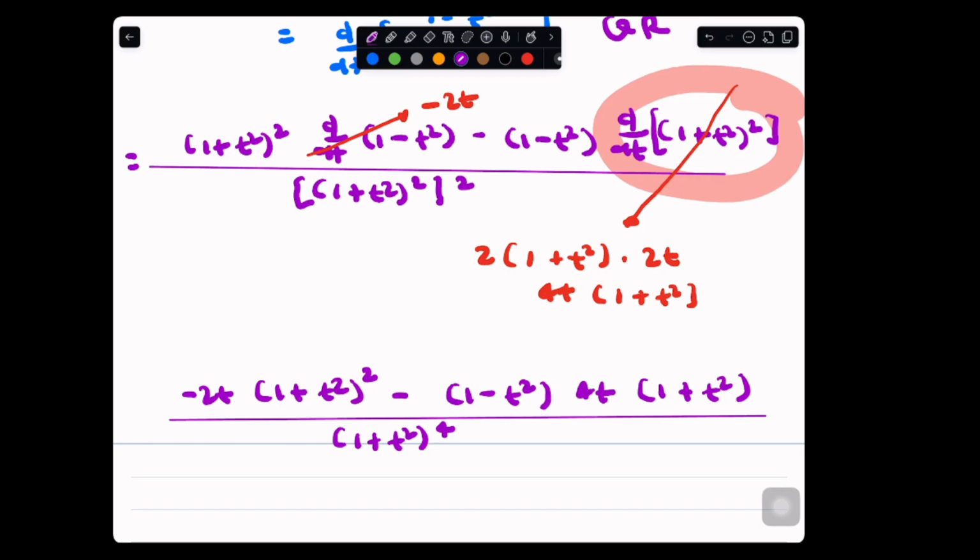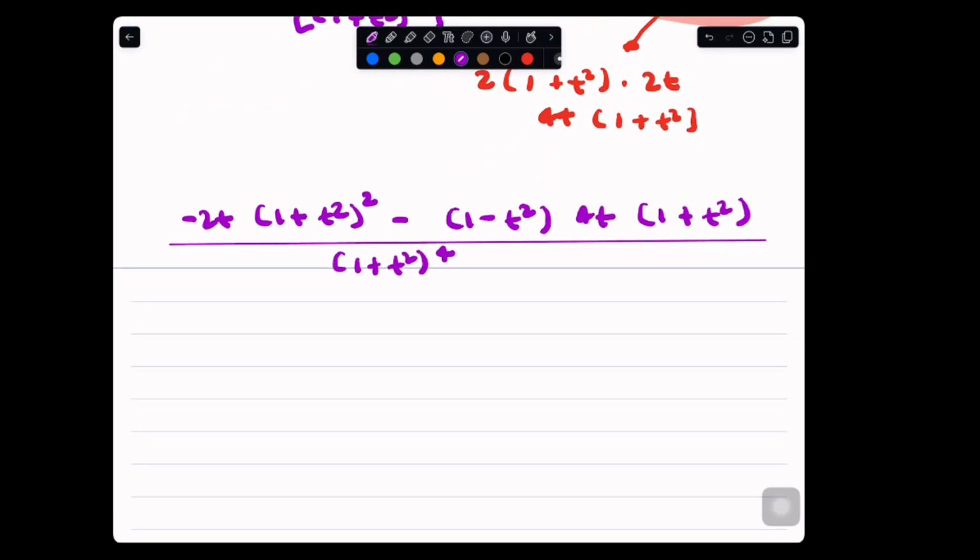Okay. Now, I can actually do a few things here. We're going to have to simplify. I can factor, which might help in the algebra.